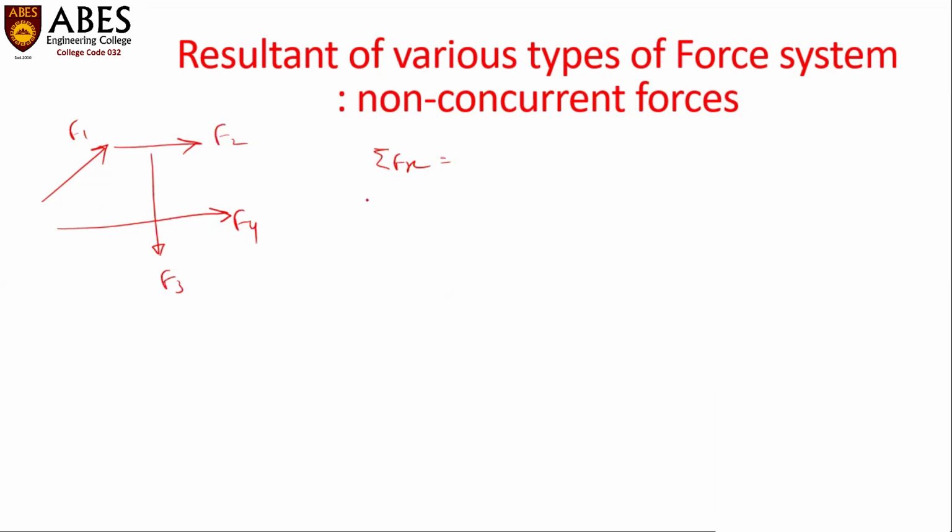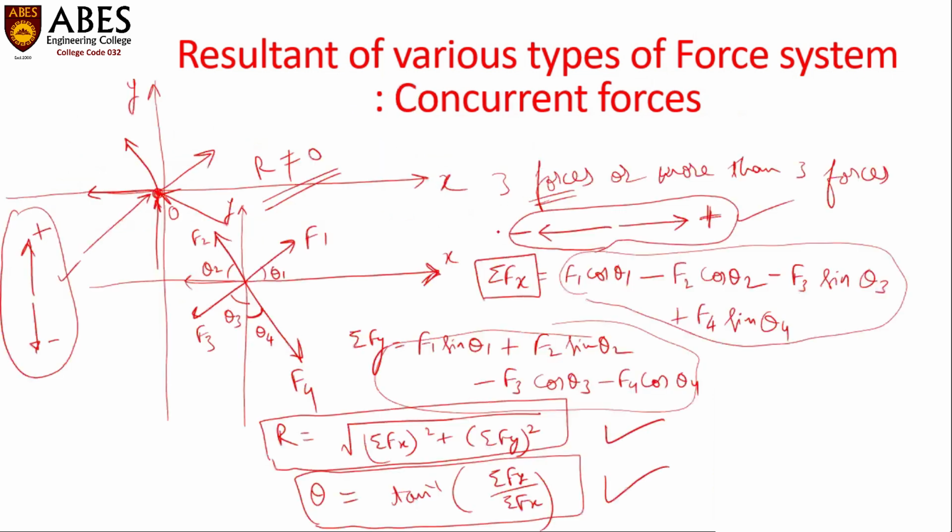Then, after that, we can also calculate sigma Fy. We will add up all the vertical components. Upward side forces will be considered as positive and downward side forces will be considered as negative. So using these two values, we can find the resultant as was discussed in the previous slide.